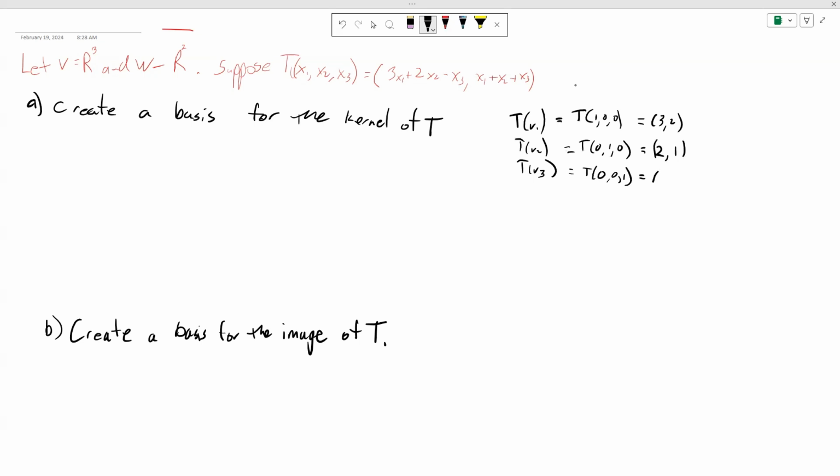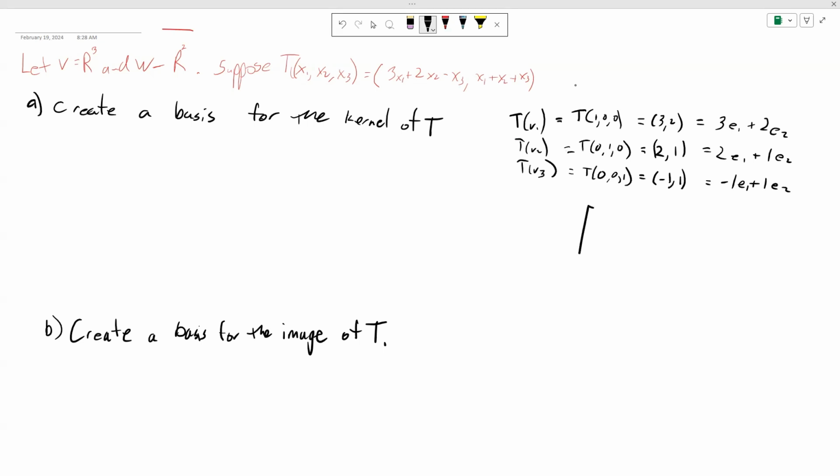And 0, 0, 1 gets mapped to -1, 1. Now, I'm going to represent the outputs. I pick the standard basis for W as well. So this is going to be 3E1 plus 2E2. This is going to be 2E1 plus 1E2. This is going to be -1E1 plus 1E2.